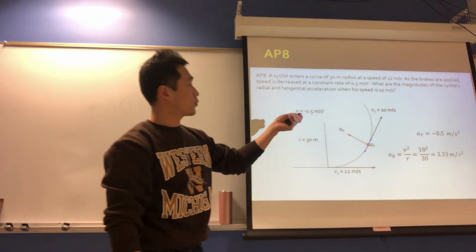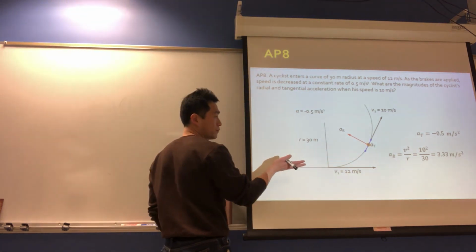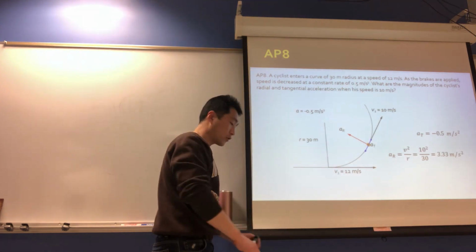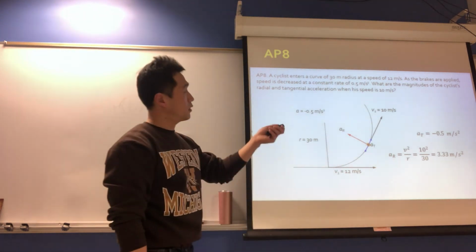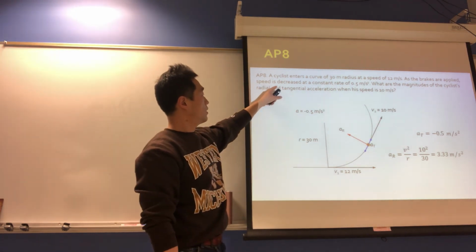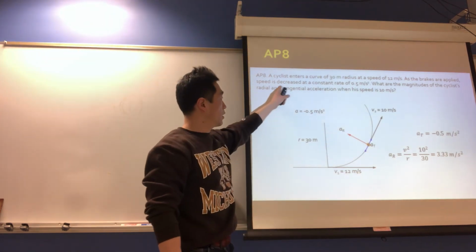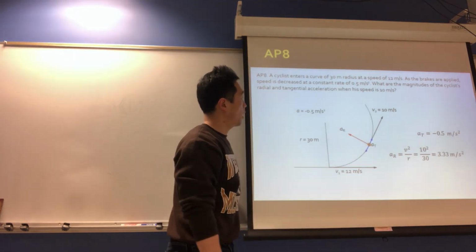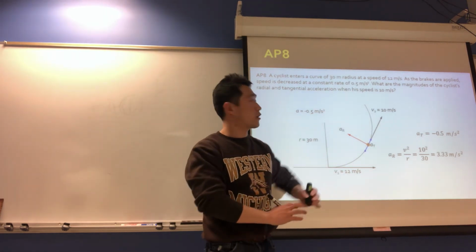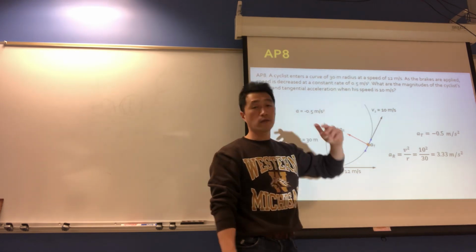Then, after this curve, he has to slow down, so he applies the brakes. As the brakes are applied, the speed is decreased at a constant rate of 0.5 meters per second squared.